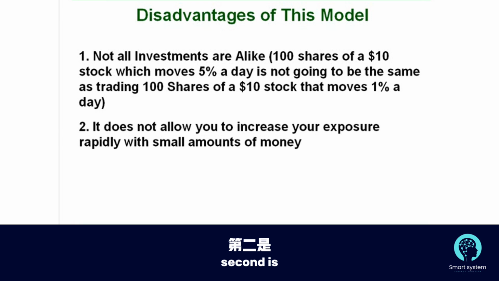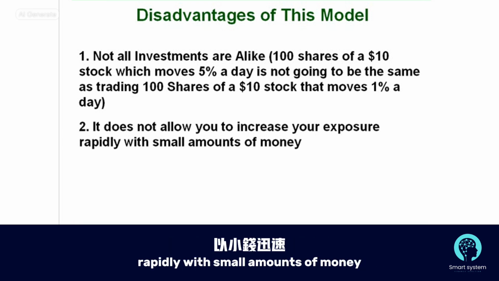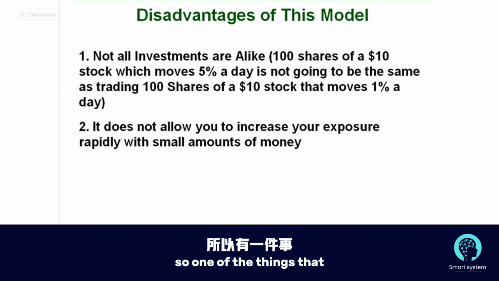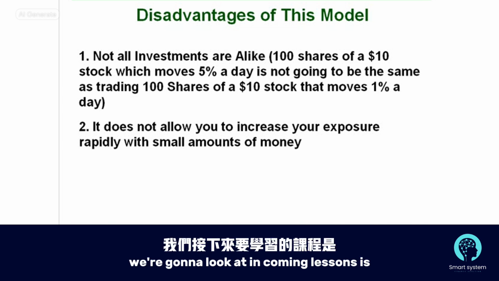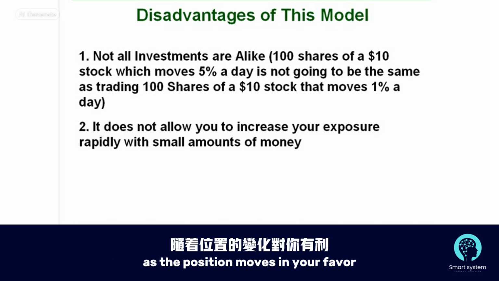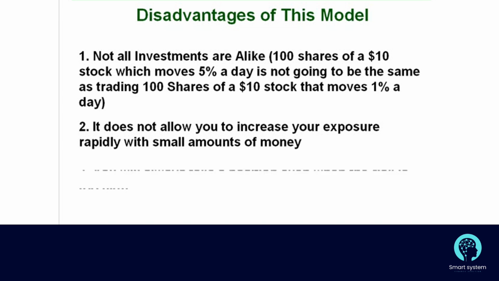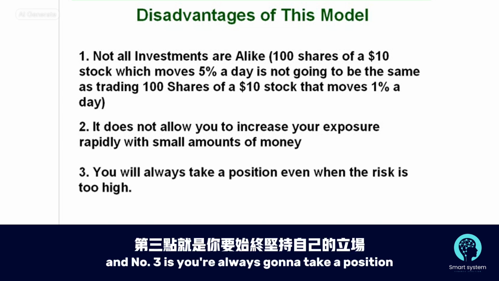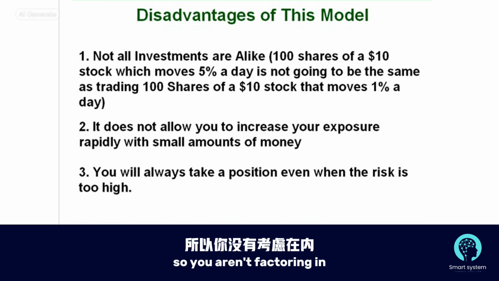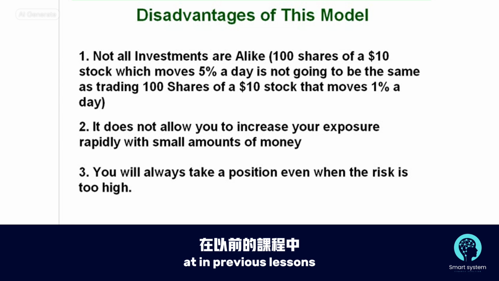Second, it doesn't allow you to increase your exposure rapidly with small amounts of money. One of the things that we're going to look at in coming lessons is the concept of when you want to increase your position size as the position moves in your favor, and this method does not allow you to do that. And number three, you're always going to take a position, even when the risk is too high, so you aren't factoring in some of the things that we've looked at in previous lessons.